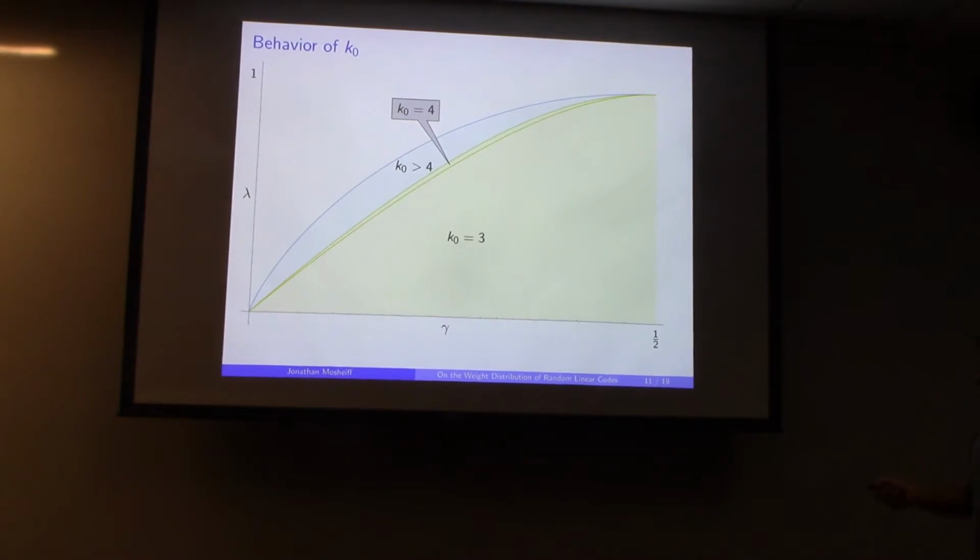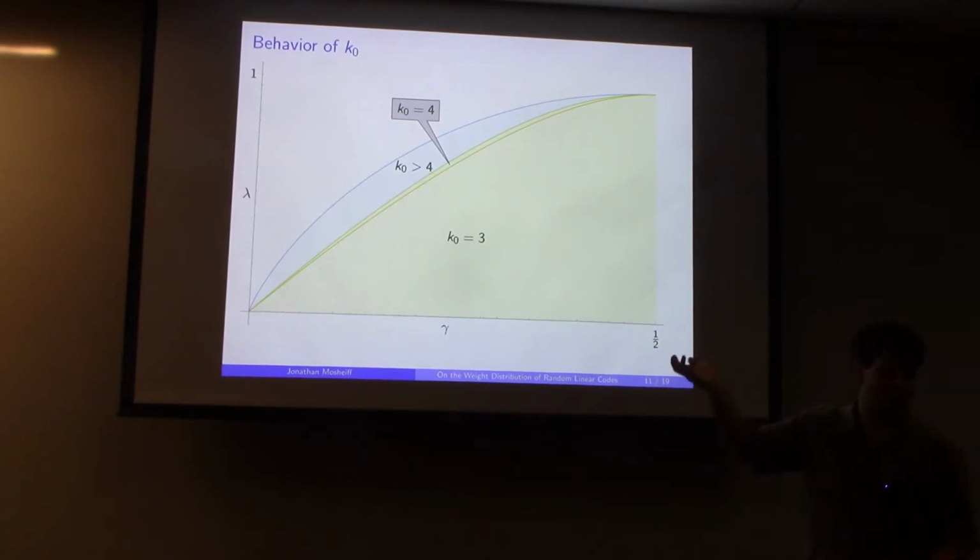This axis represents gamma and this axis represents lambda. I said that k0 depends on both, so how does it depend on them? This blue line indicates that we only care about the cases where lambda is less than h of gamma, which is why we limit ourselves to below this blue line.